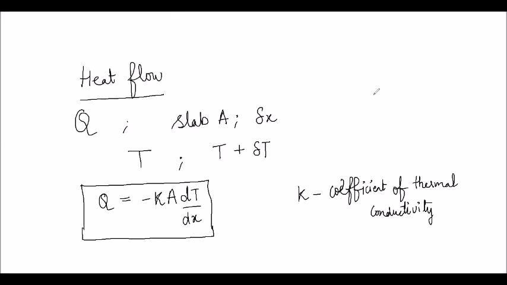Let us move to the next application, which is finding orthogonal trajectory with the help of differential equations. First of all, we will discuss what we mean by the term trajectory.